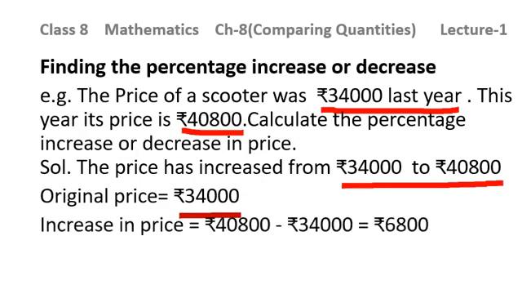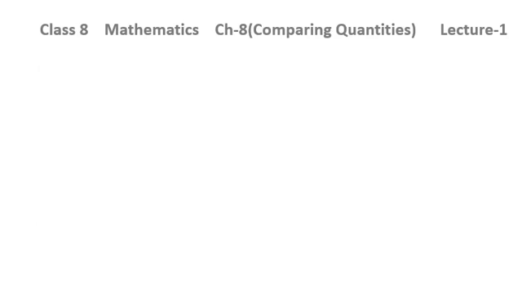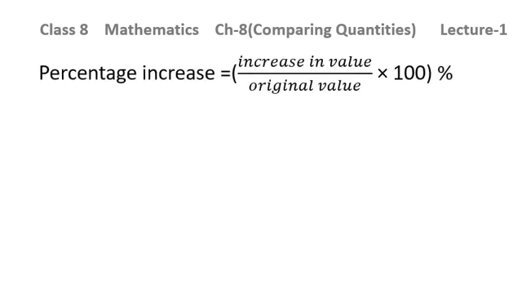To find the increase in price, we subtract the original price from the final price. So 40,800 minus 34,000 will give you 6,800. So this is the increase in price. And the formula, as we are supposed to find the percentage increase, will be increase in value over original value into 100%.